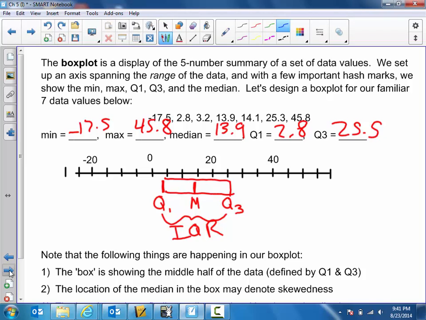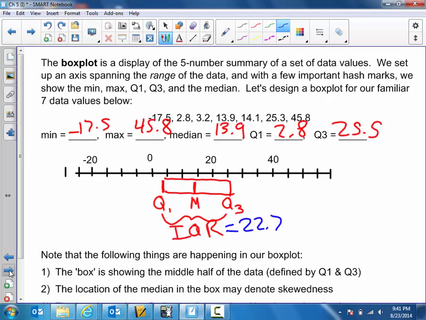To set up a fence for a box and whisker plot, you first need to know the IQR. And the IQR here is equal to, let's see, I didn't write that down. So 25.5 minus 3, essentially 22.5. Add 0.2 to that, 22.7.